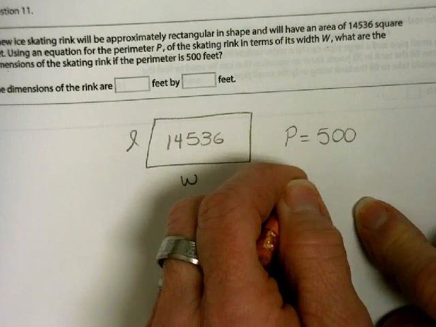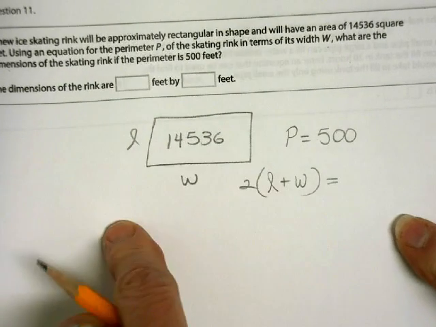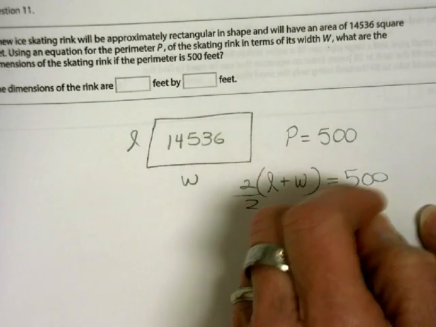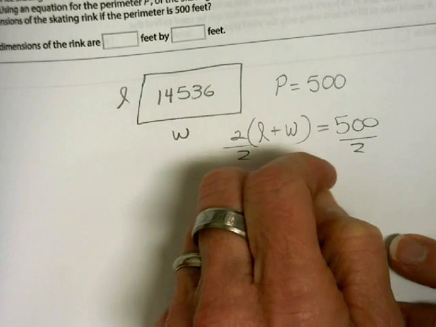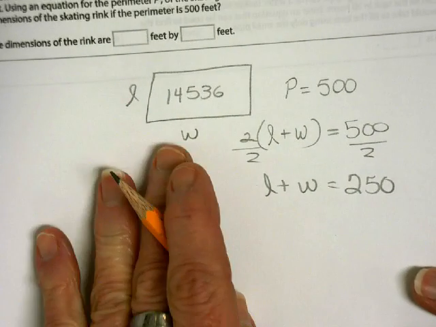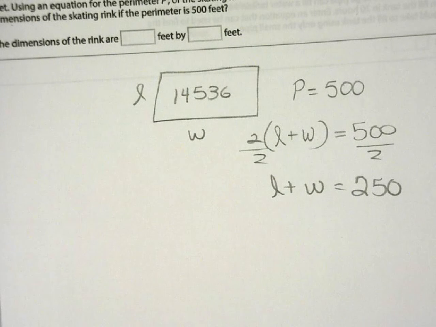Okay, here's the dirty little secret. Perimeter is just the length plus the width doubled, right? Length plus width plus length plus width. So if I divide it by 2, I get length plus width is 250. So I can just look up the factors of 14,536 using technology and see which ones add up to 250.